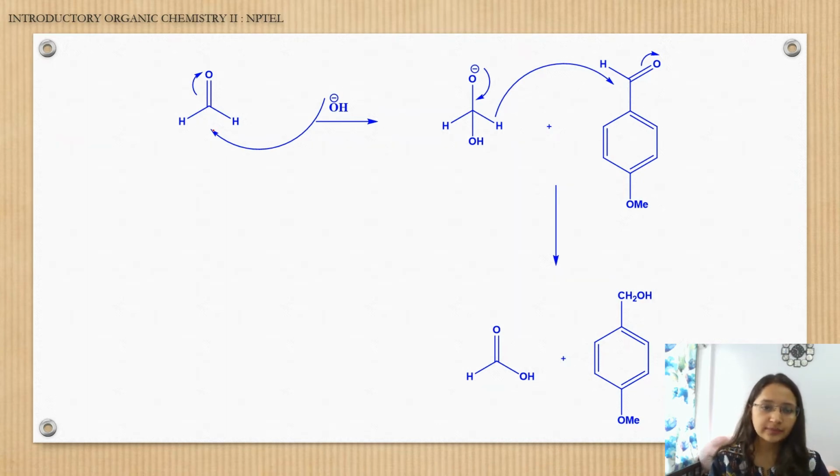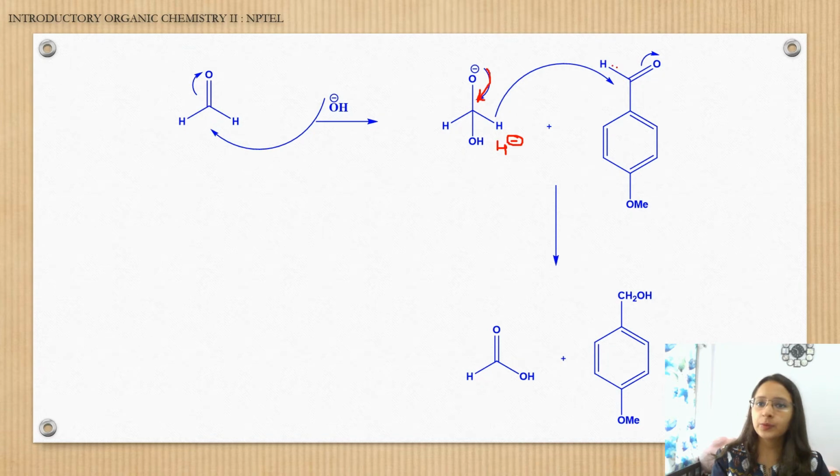Okay. So now it will attack on this. This tetrahedral intermediate is getting formed with this OH. Now this oxyanion, this O minus, will come down, and this hydrogen will leave as a hydride, which I have told you previously in the Cannizzaro mechanism.